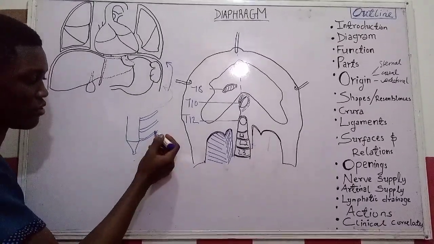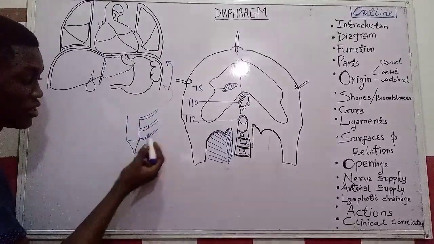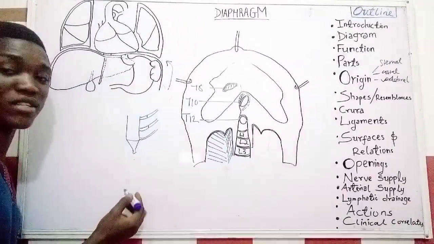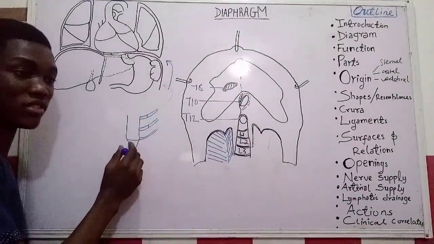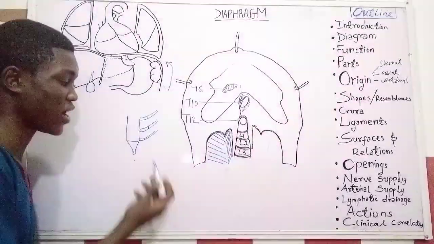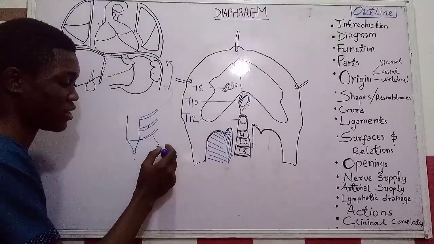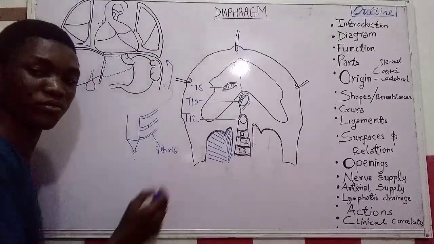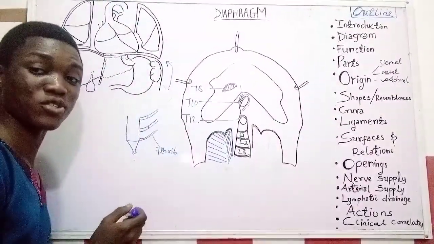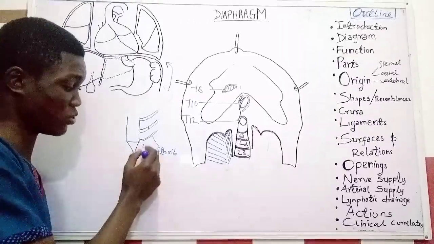So somewhere around here we have the ribs. These are the costal cartilages, and these are the ribs. So the space of Larrey is located between the xiphoid process and the 7th rib. Assume this is the 7th rib. The structure passing through the space of Larrey is the superior epigastric vessels. It passes through.